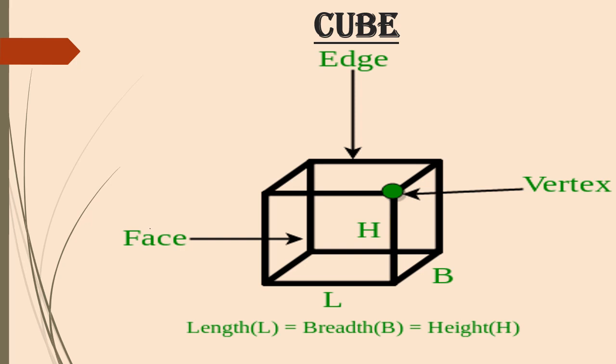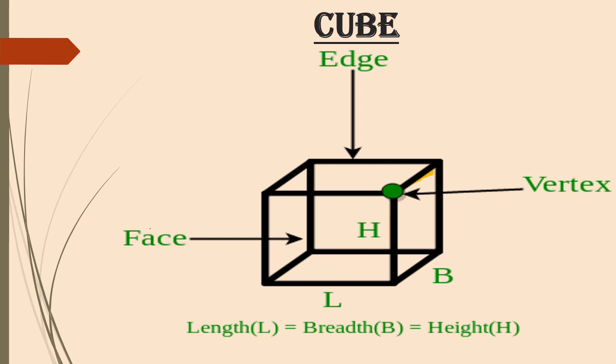For example, this face meets this face here. So this is one edge. In the same way, this face meets here, second edge, third edge, fourth edge, fifth edge. So you can see how many edges are there.